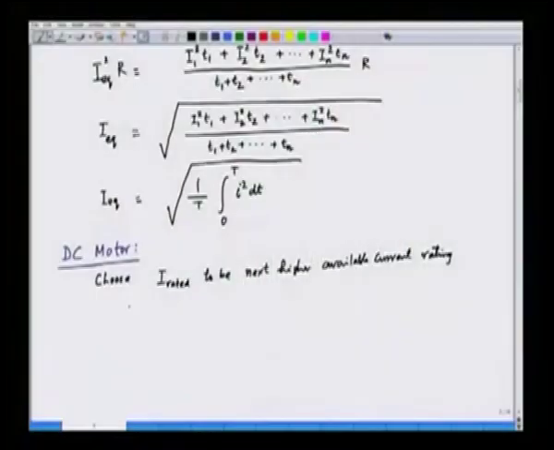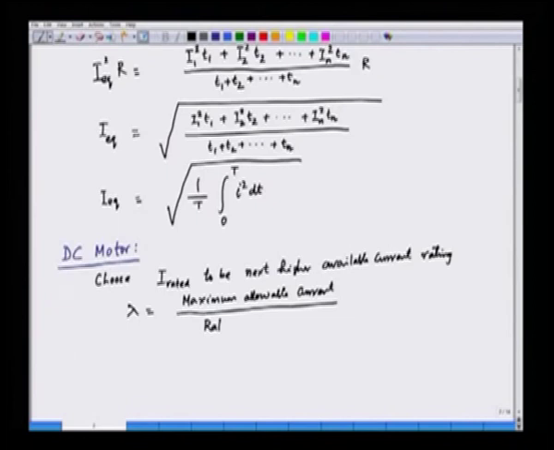Lambda is a constant which is defined in a DC motor as follows: lambda is equal to maximum allowable current divided by the rated current. And this is approximately equal to 2.5, let us say.